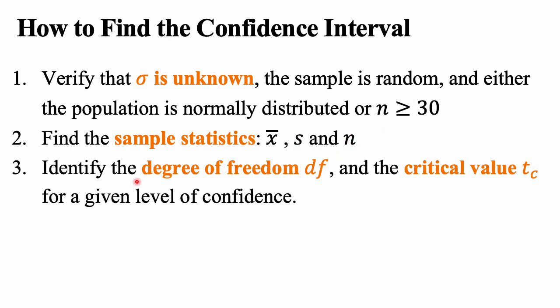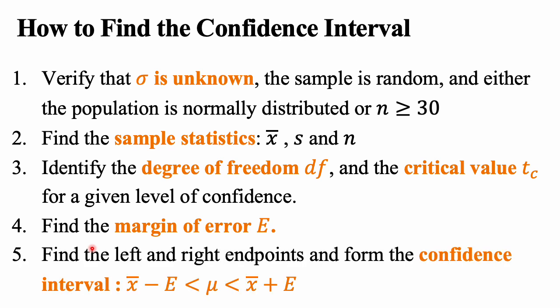Then calculate degrees of freedom, DF, which is sample size minus 1. Then find the critical value from the t table. Now calculate the margin of error. Then find the left and right endpoints using the margin of error and sample mean.